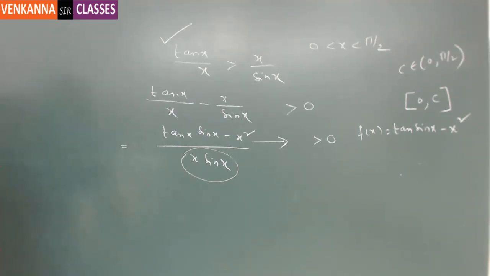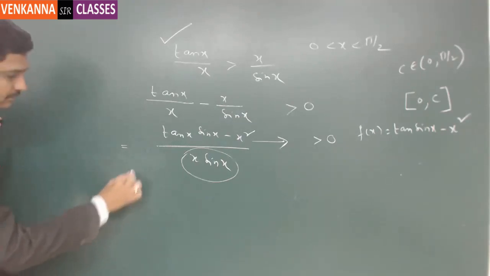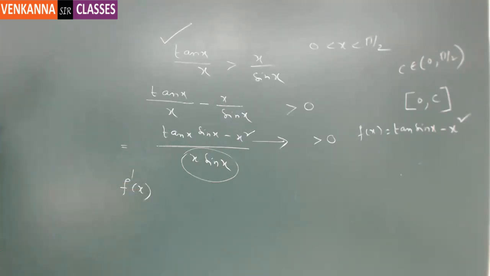Yes or no? Right. Now, how to prove that it is greater than 0? Nothing but I am going to take the derivative. I need to prove that f dash of x is greater than 0, then f will be an increasing function.